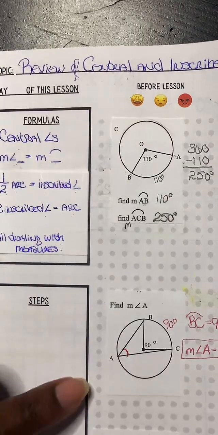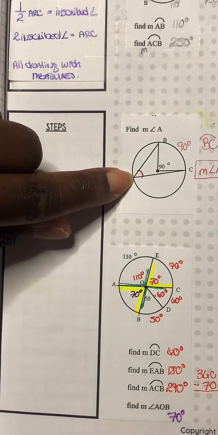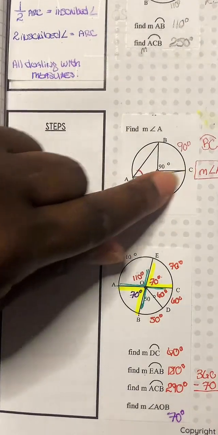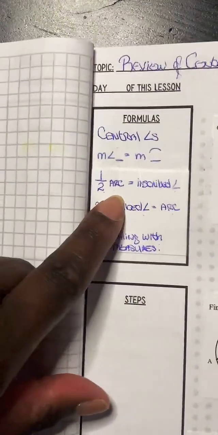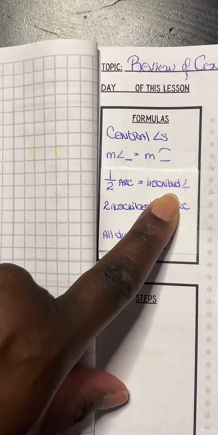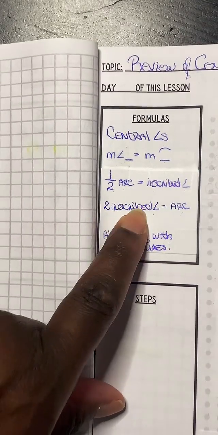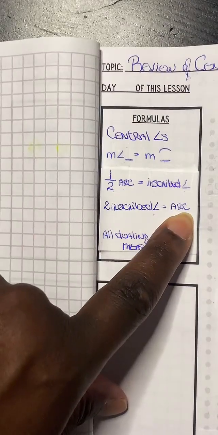Now, if your vertex is on the circle, okay, this is the inscribed angle. That means half of the arc is equal to that inscribed angle. Or if you want to double the inscribed angle, it will equal the measure of its arc.